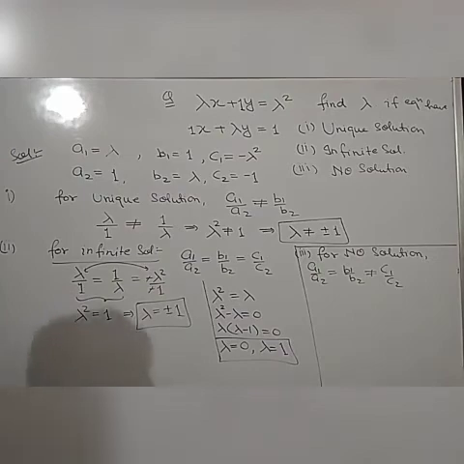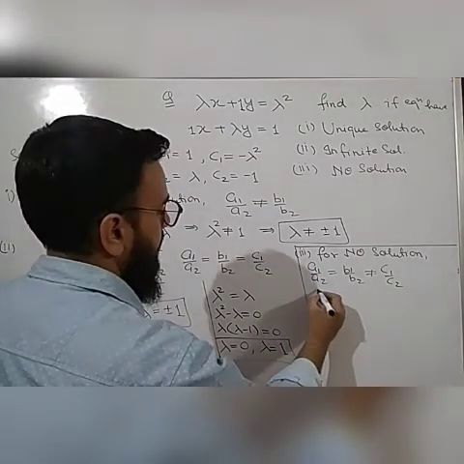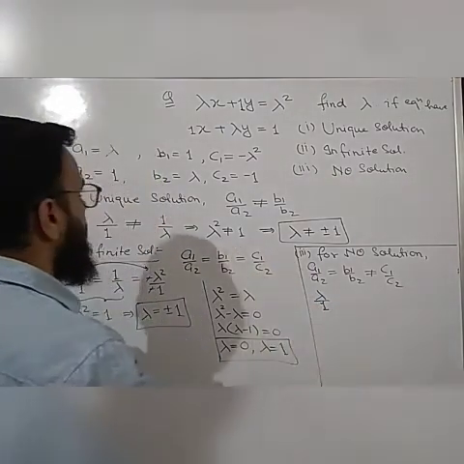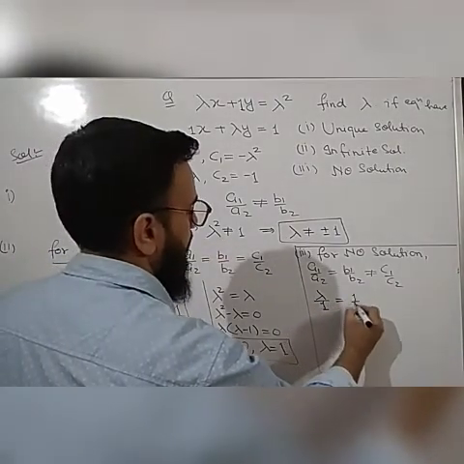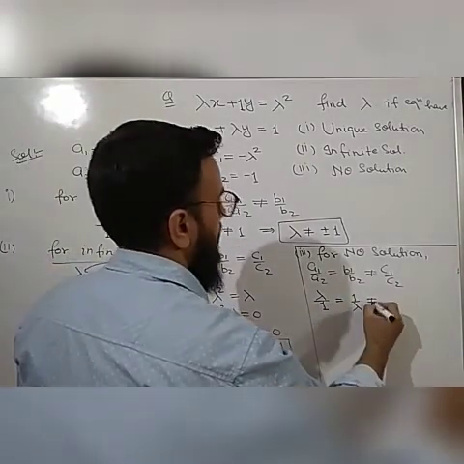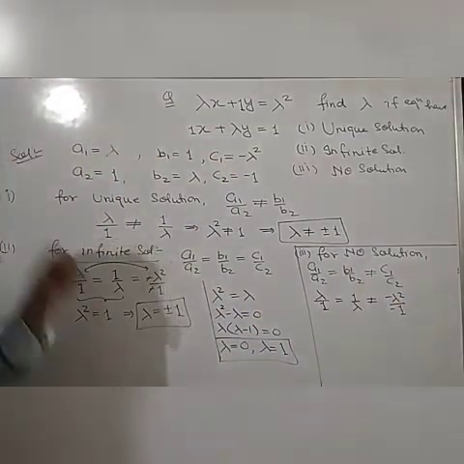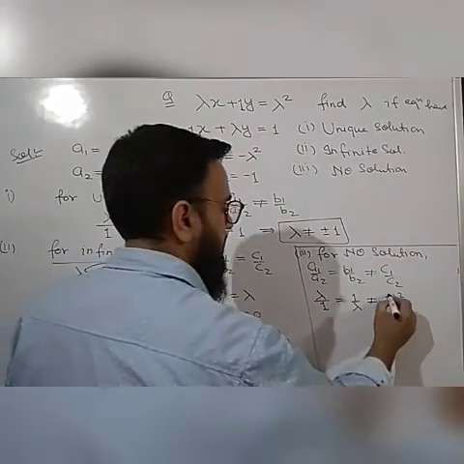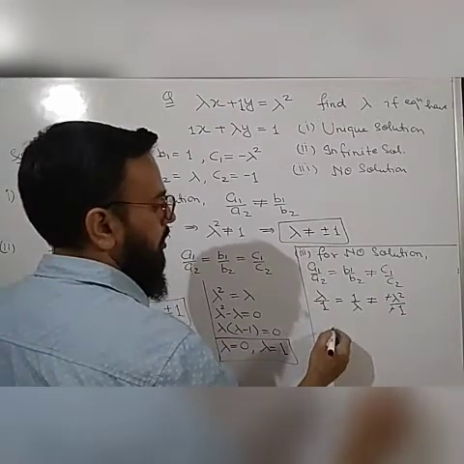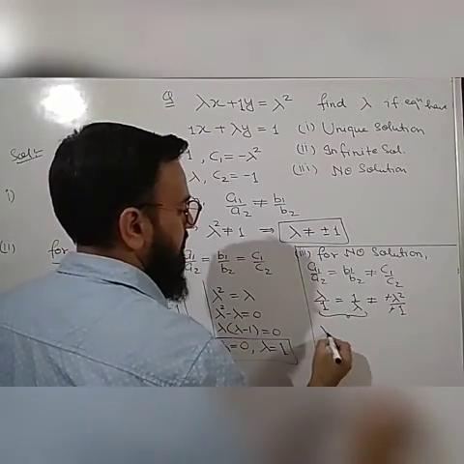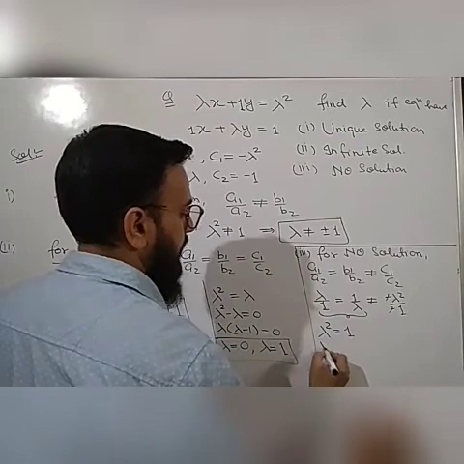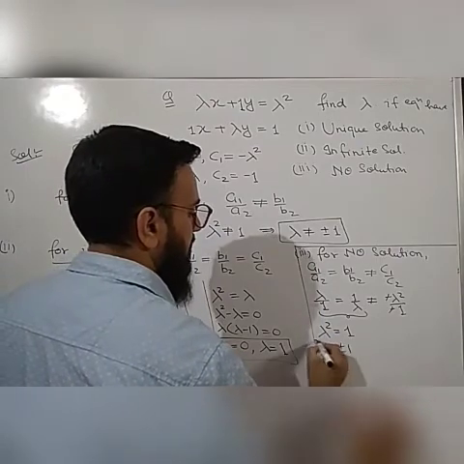Now if we solve, we will get lambda upon 1 is equal to 1 upon lambda should not equal minus lambda square upon minus 1. Again this minus sign will be cancelled out. So if we solve these two terms, we will get lambda square is equal to 1 or lambda is equal to plus minus 1.